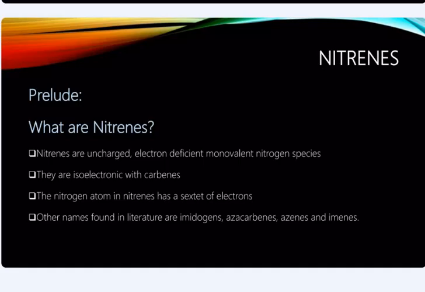Nitrenes are uncharged electron deficient monovalent nitrogen species. They are isoelectronic with carbene. The nitrogen atom in nitrene has 6 electrons. Other names found in literature are imidogens, azacarbene, azenes and imines.